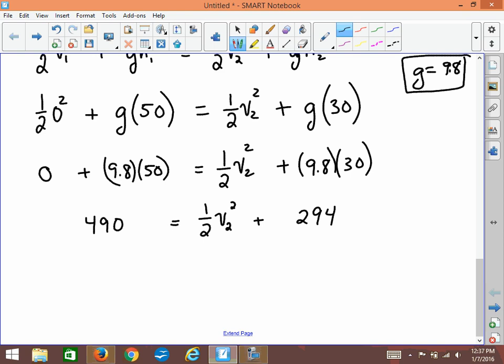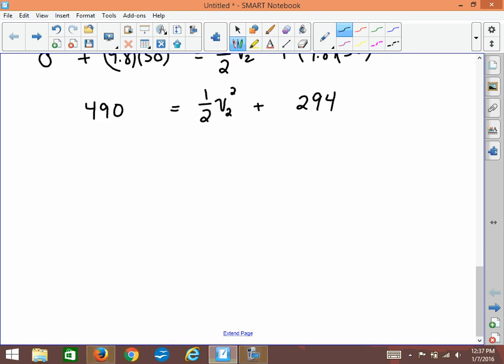Now the next rule of equations that we like to use, if you think back to grade 9 and 10, you learned how to solve this. You learned that we can subtract 294 from both sides. So when you do that, it's like the 294 gets moved over, right?